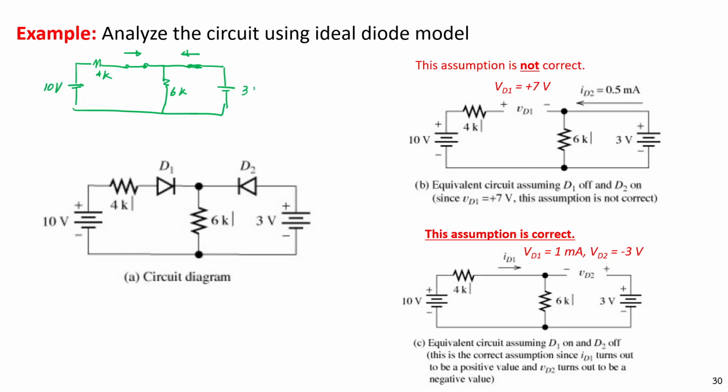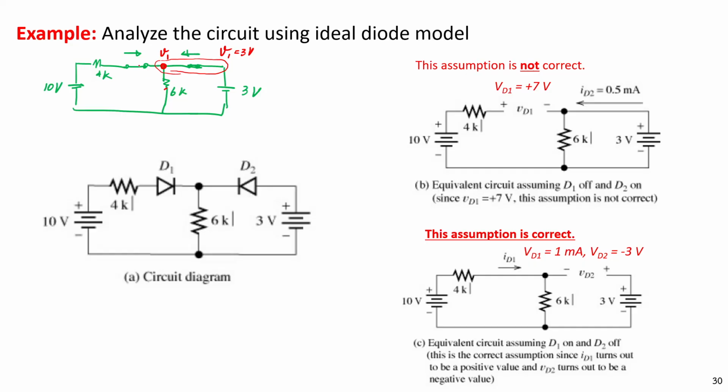This is 3 volt. So what we can do is solve for this voltage first. This voltage will be V1. In this case, V1 will be 3 volt because this is 3 volt here. If it conducts, this becomes a single node. So V1 is 3 volt.